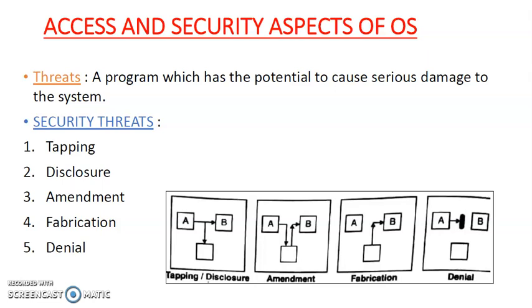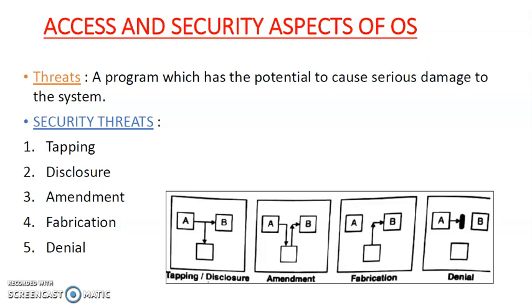Now, the major threats available on the operating system. You can see on your screen, the first one is tapping. What is the meaning of tapping? The unauthorized use of services. Okay. So an unauthorized user can access the data.